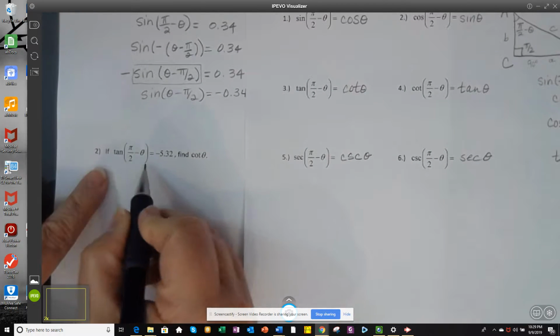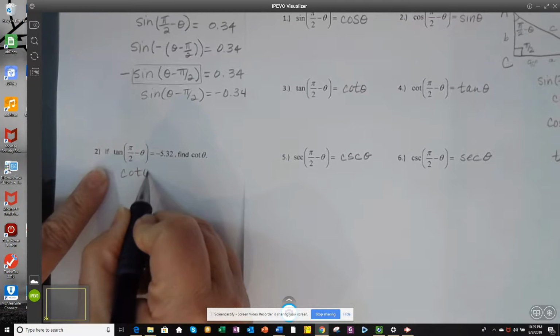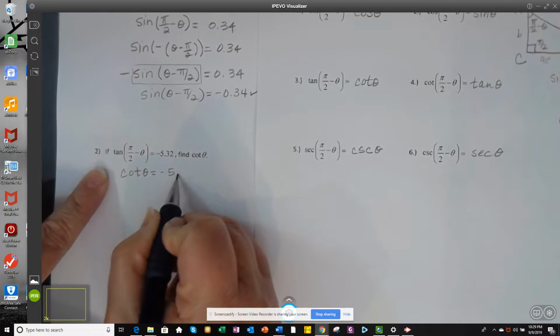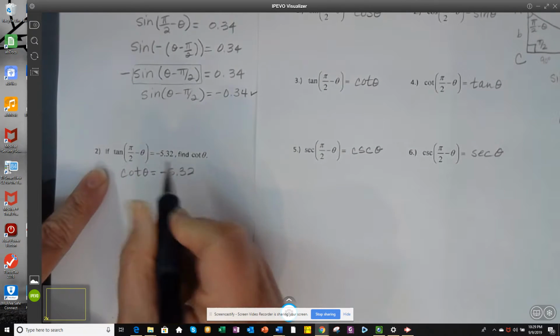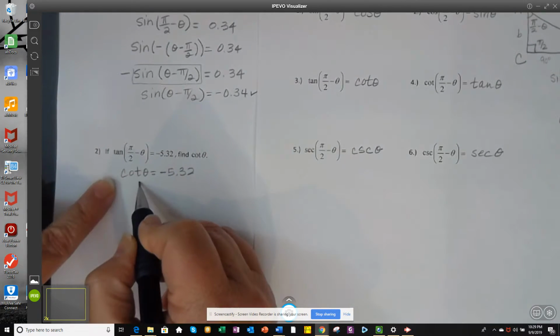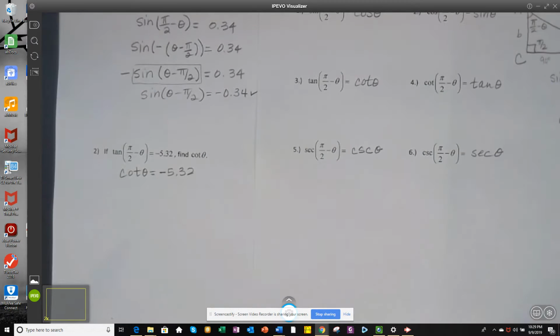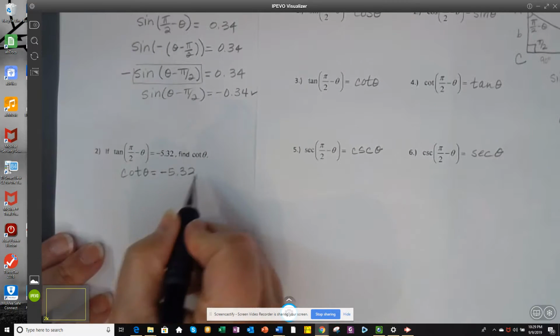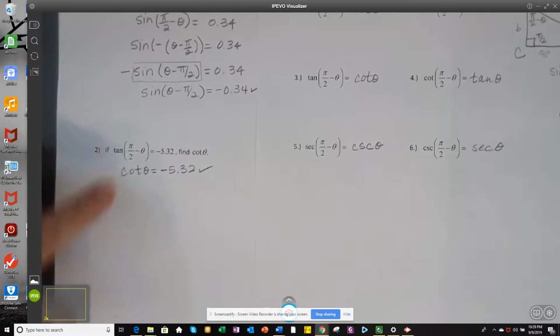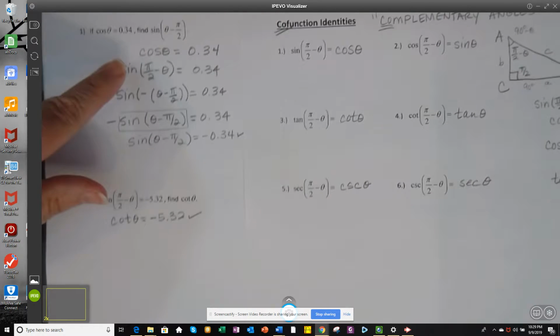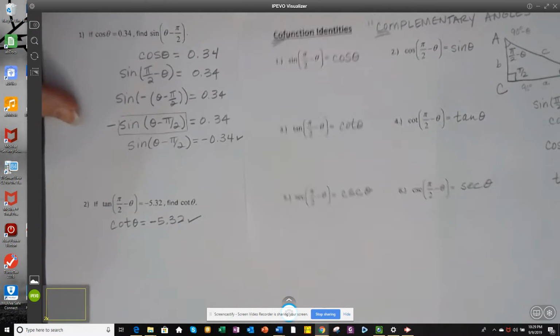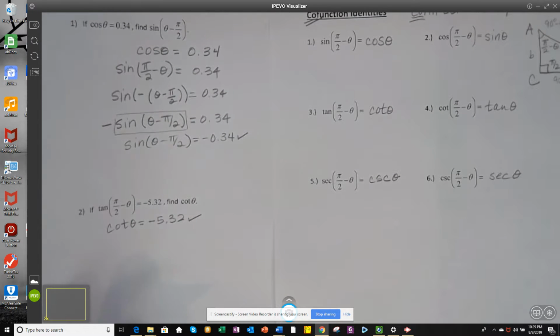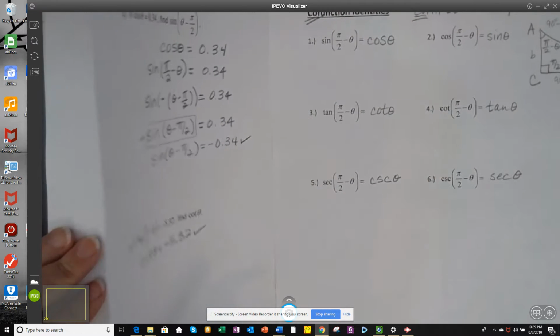So I can make a straight up substitution here. Cotangent of theta equals negative 5.32 because tangent of pi over 2 minus theta is equal to cotangent. And I'm done. I should have done this one first, right? This one's easier than this one. I should have done this one first, but hindsight is 20/20. All right.